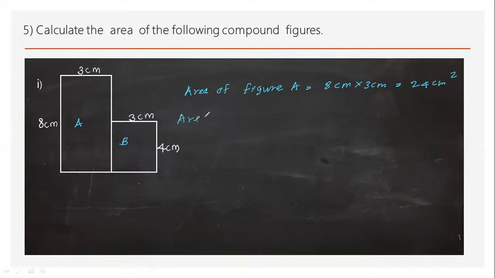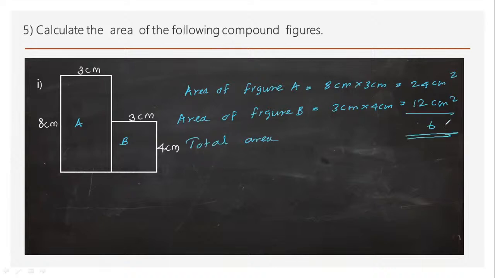Area of figure B, 3 centimeter into 4 centimeter, 12 square centimeter. The total area, we have to add these two. 36 square centimeter. Total area is 36 square centimeter.